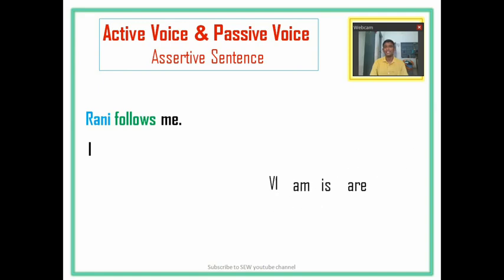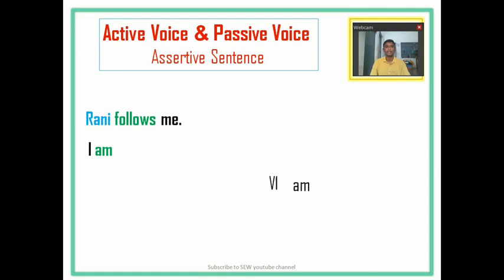Any one of am, is, are should be added. As per the subject, we have to choose one of the helping verbs. What is the subject here? I. Tell me, is I am correct, or I is correct, or I are correct? I am, right? So am should be written.